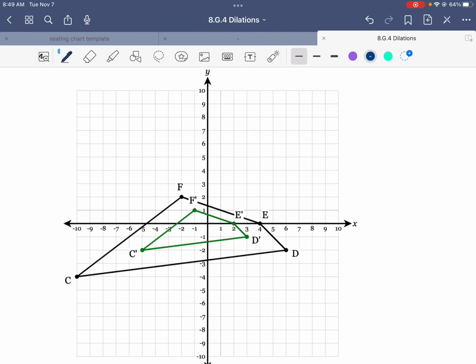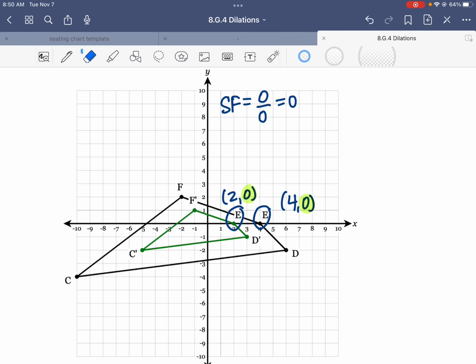Number 4, I'm going to choose E and E prime to show you why we cannot use 0 when determining our scale factor. E is located at 4, 0, and E prime is located at 2, 0. To find our scale factor, we have to divide the image coordinates by the pre-image coordinates. If we were to choose our y coordinates in this case, which are 0, we will get 0 over 0, which is 0. And we know that that is not the case.